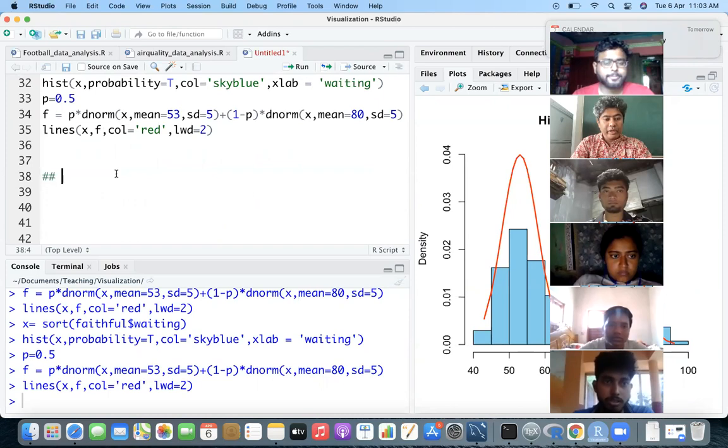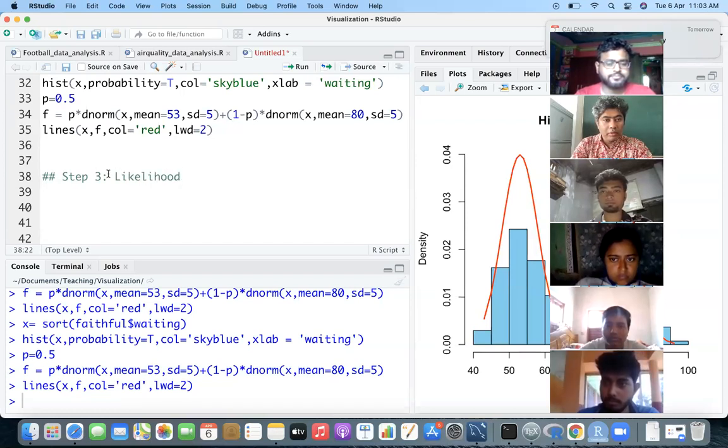Next is step 3. Step 3 is now we are going to use the likelihood estimation method, or maximum likelihood estimation, to estimate the 5 parameters of the proposed bivariate mixtures of two normal, to estimate theta.